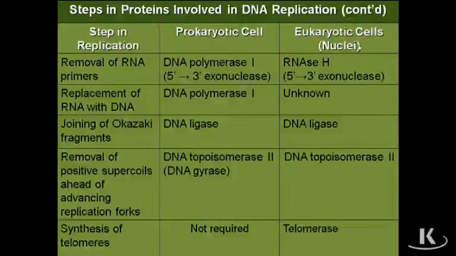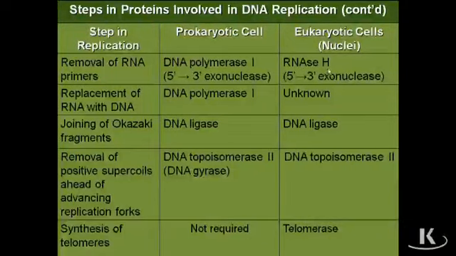Furthermore, in prokaryotic cells and in eukaryotic cells, the primers have to be removed. In prokaryotes, there's a DNA polymerase I activity that does this. It has the 5' to 3' exonuclease activity, which can gobble up the nucleotides as it lays down new nucleotides.